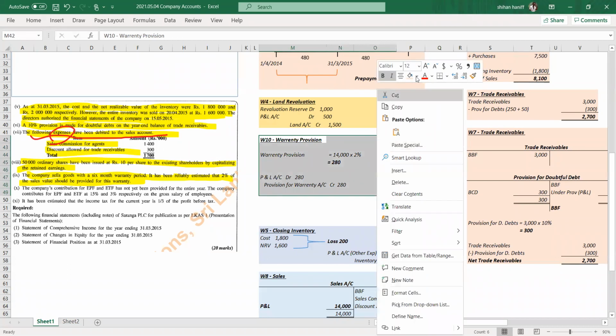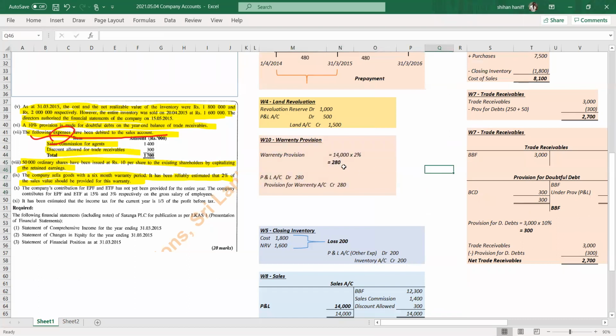Warranty provision is 280. Sorry, it's a distribution expense, 280, and a current liability.